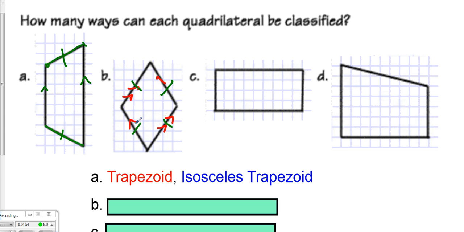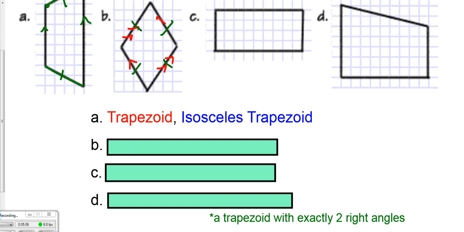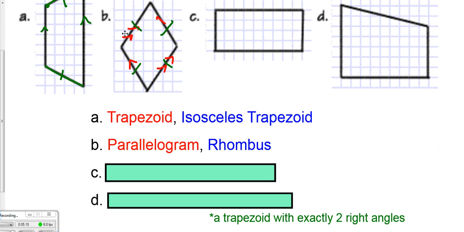So we've got opposite sides being parallel, we've got all of our sides being the exact same size, but this angle is definitely not the same size as that angle. They're not 90 degrees. So the only things we can really say about this is it's a parallelogram, because of the parallel sides, and it's a rhombus, because of the congruent sides.